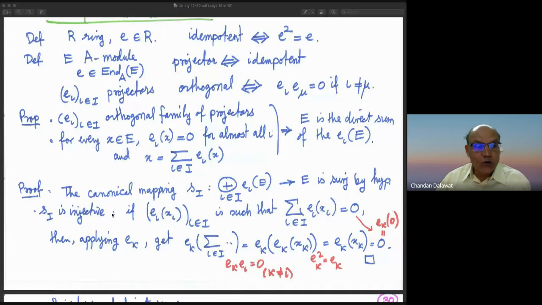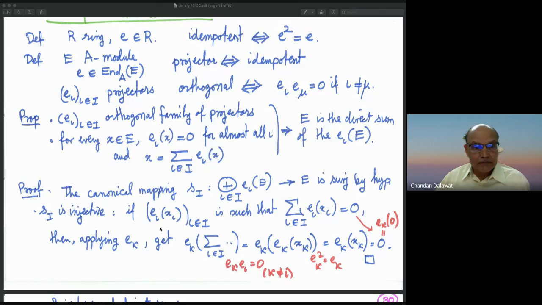Let's use that now to show that S is actually injective. If we show both of these, then it's going to be bijective and therefore an isomorphism, and therefore the sum is going to be direct. How do we show that it's injective? Using the fact that these projectors are orthogonal.